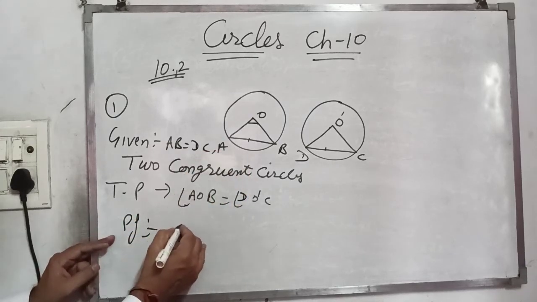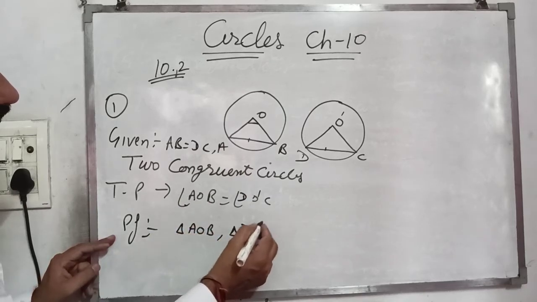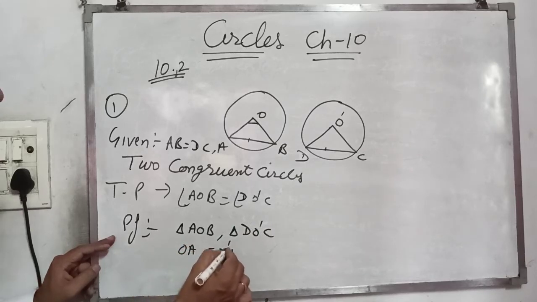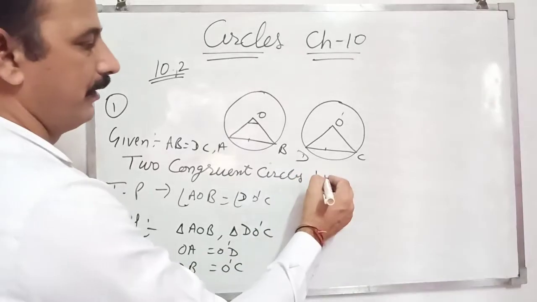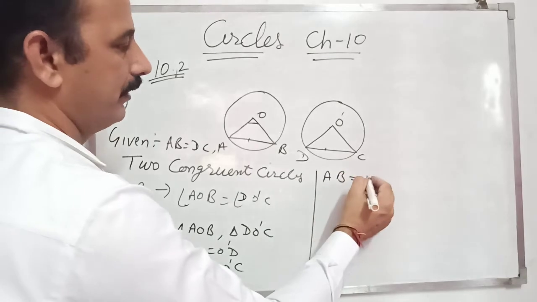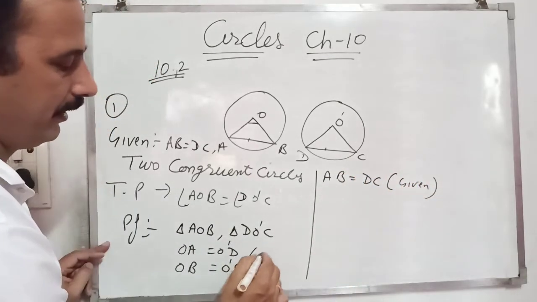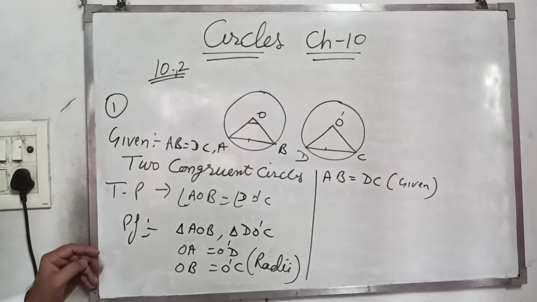We use triangle AOB and triangle DO'C. OA equal to O'D, OB equal to O'C, and AB equal to DC, that is given, and the radii are also given, they are equal.